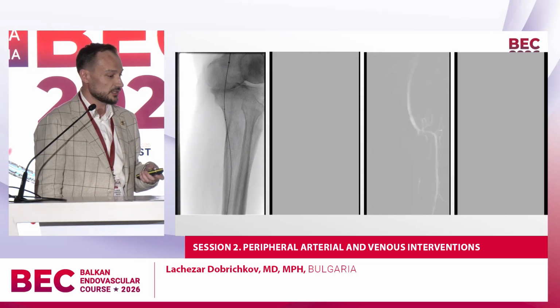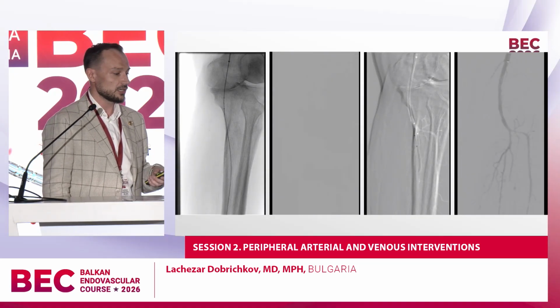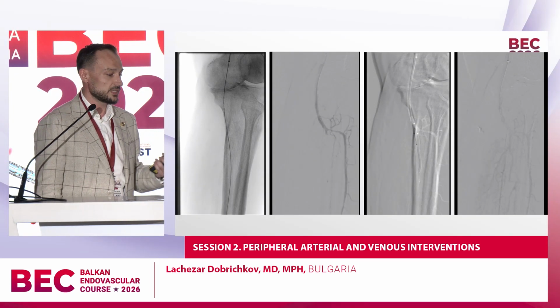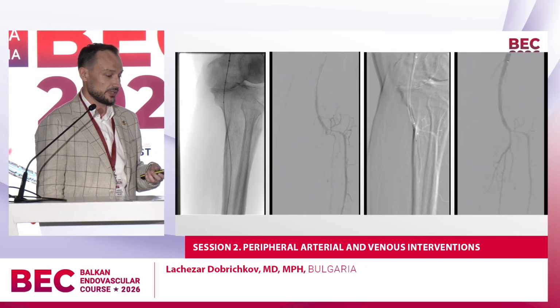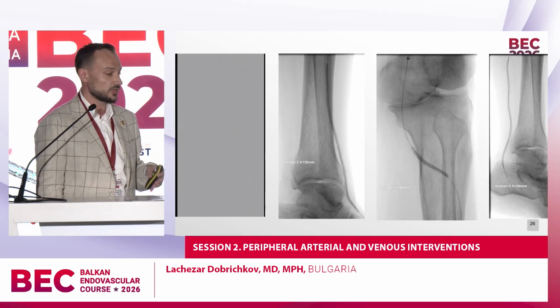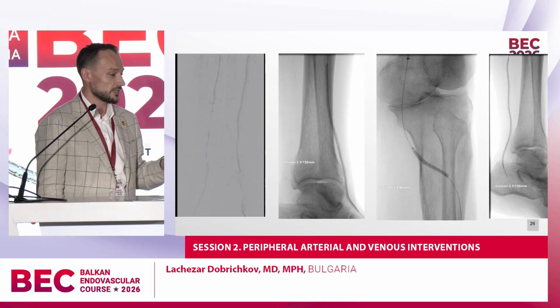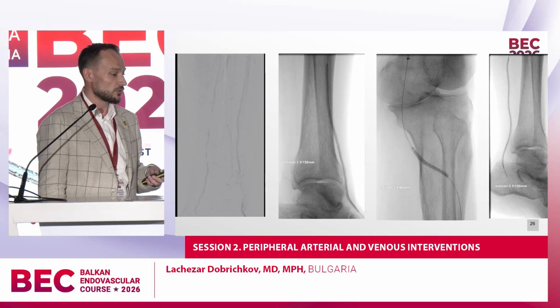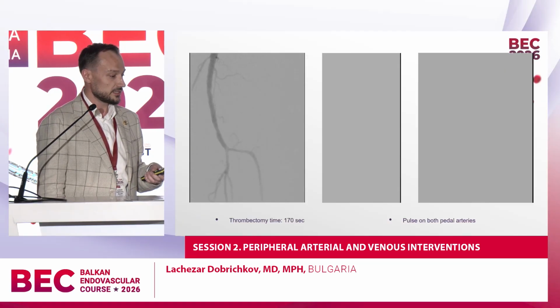First we start with the thrombectomy of the popliteal region, and on the mid-time angio we see additional distal embolization in the tibioperoneal trunk. We continue the thrombectomy, and the result in the treated area is quite good. But we also have some underlying chronic lesions which are treated with ballooning. And this is the final angio.